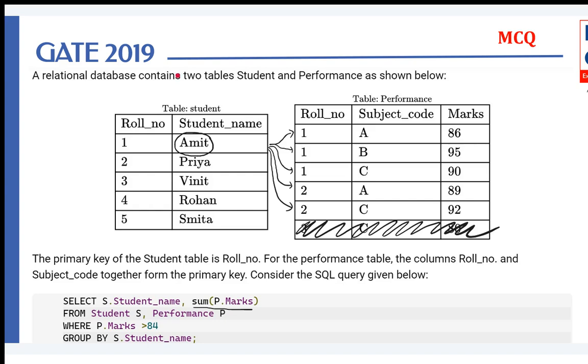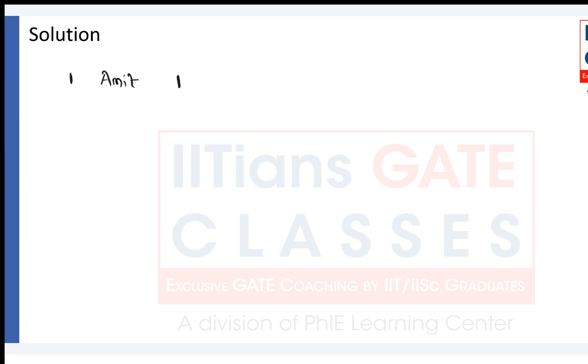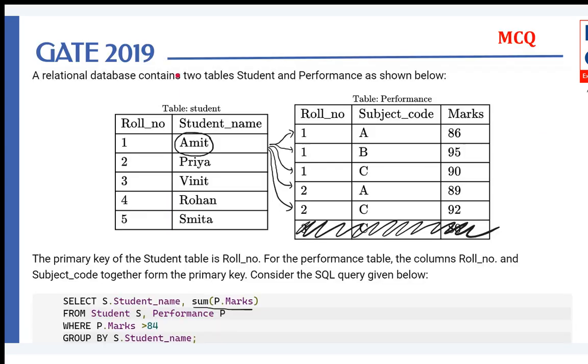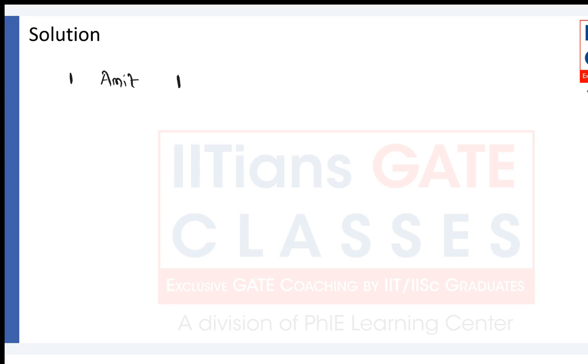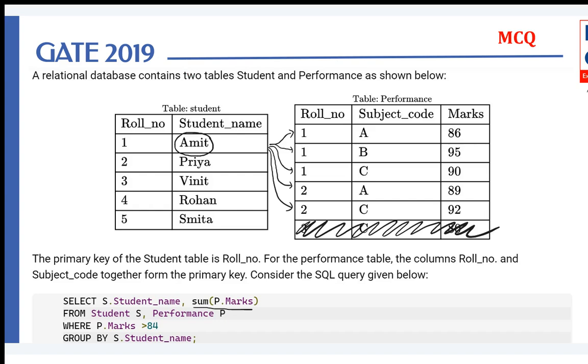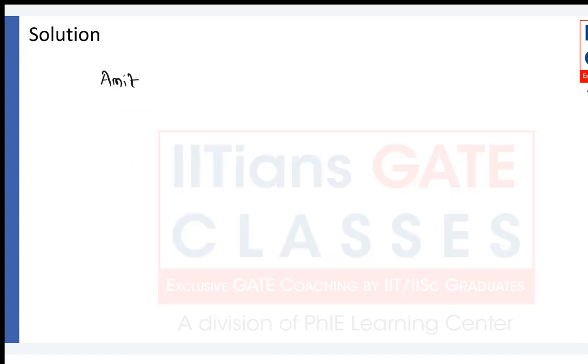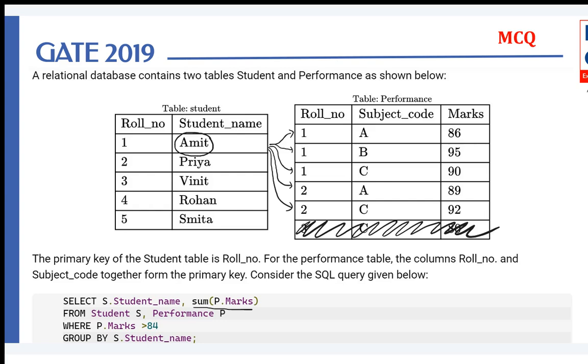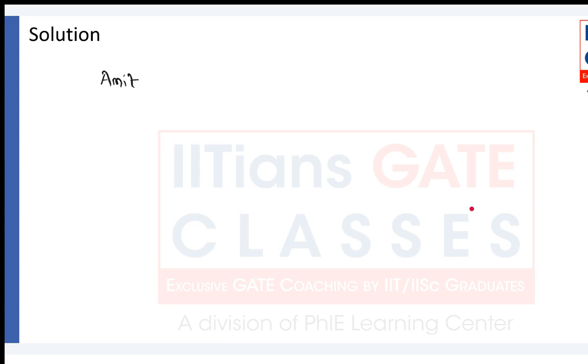Sorry, I'm only getting the name and marks, which means I get the name Amit and I'm grouping by the student name, which is I'm grouping by Amit. So what will happen here is I will get the sum of all of these marks, which is 86, 95, 90, 89, 92.